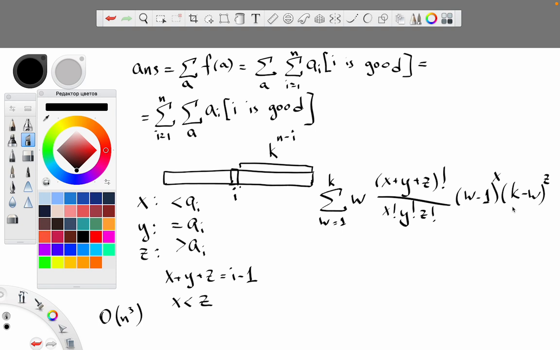How slow is that? We have n cubed triplets. We have to try k up to n plus 10, and we have k summands, which is okay if we calculate these things fast, but these things are just powers of a small number in a small power, so we can pre-calculate them and then just take them in constant time.